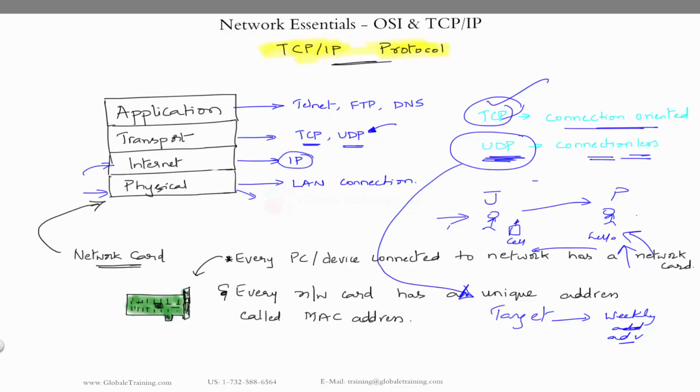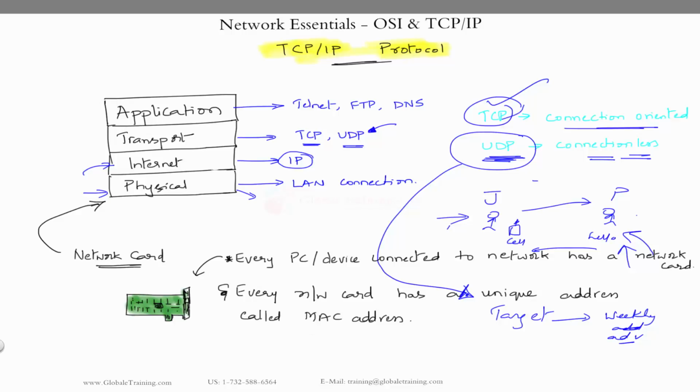Similarly, every network card has something called a MAC address, or a physical address. That is the address that comes with the network card. You'll not be able to assign it. Assigning MAC addresses or physical addresses is beyond the scope of this video.